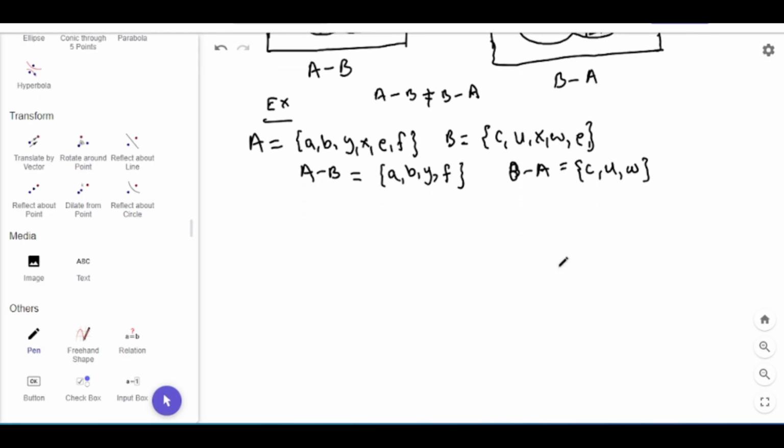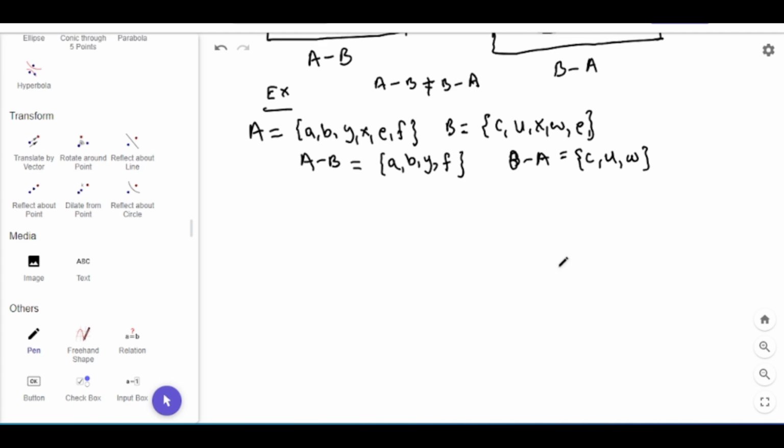And then lastly, we have our symmetric difference, which is quite simple to define.